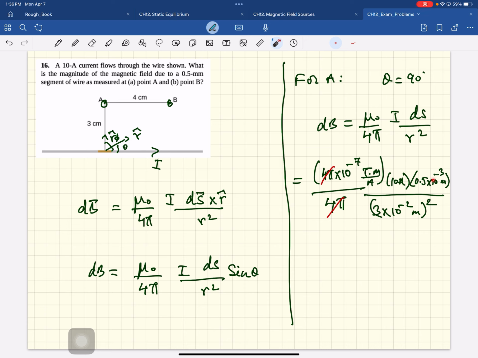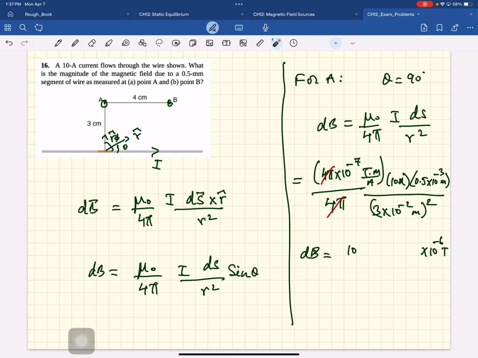And then 10 to the minus 3, so that you get 10 to the 1, and then 10 to the minus 6. So dB, the field at A due to that element, is 10 to the minus 6, and it will work out in Tesla. And this is 3 centimeters away from this 10 amp carrying current. So a 10 amp current, and you're finding the field an inch away from the wire.